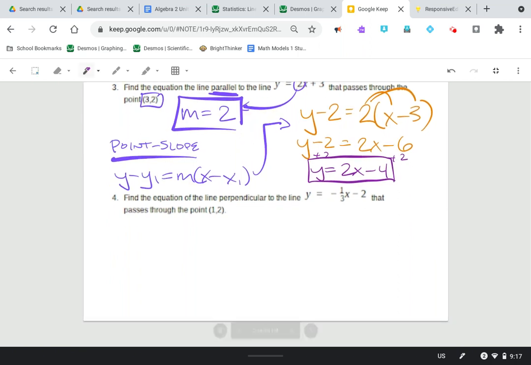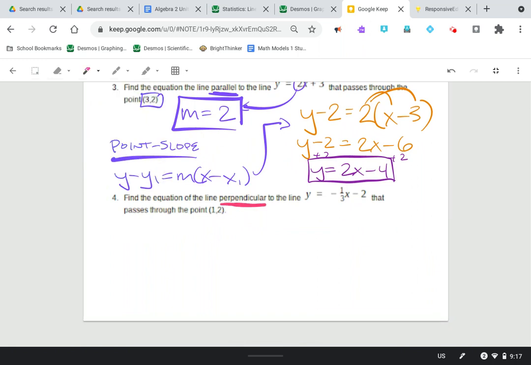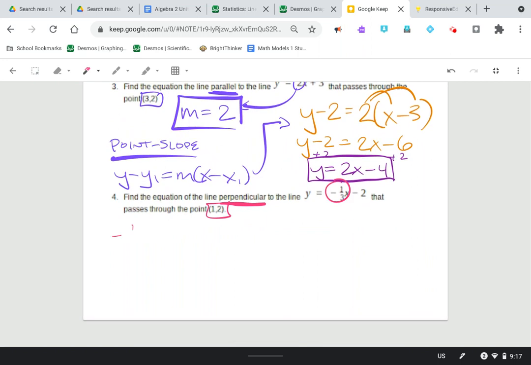Similar idea here in number 4. We have a line that's perpendicular, key piece of information there, and we're given a point. So to find a line perpendicular to the line, we take the original slope, which is negative 1 over 3, and we make the opposite and the reciprocal. So to do that, we change it from negative to positive, and we switch the fraction to 3 over 1.